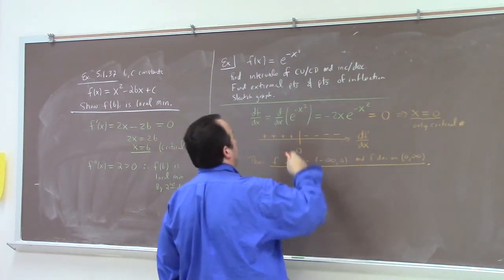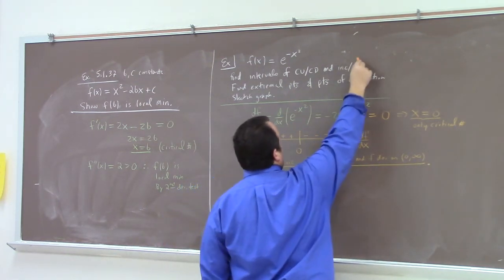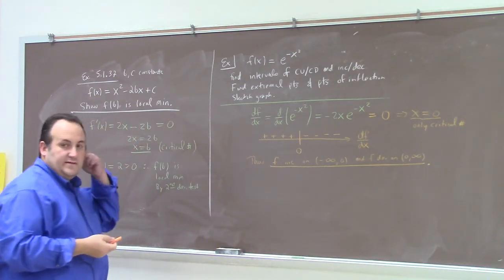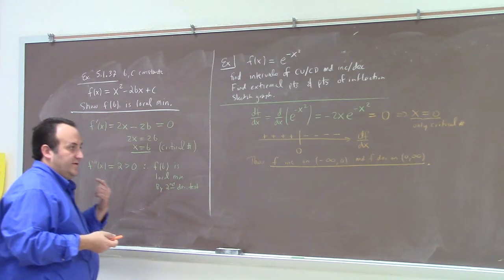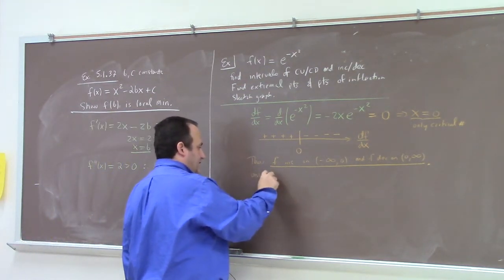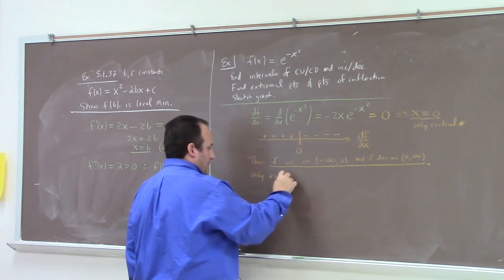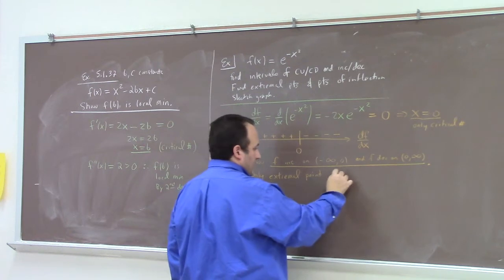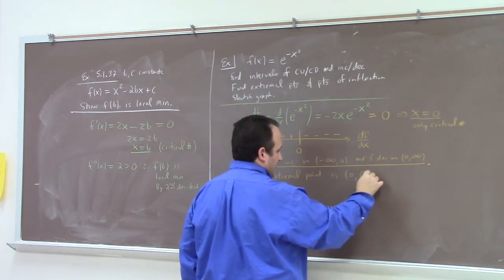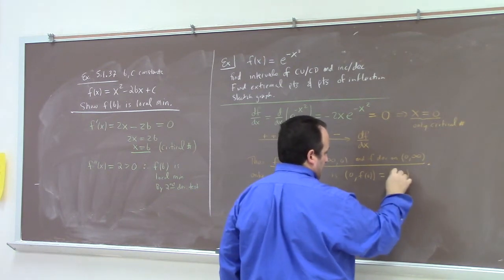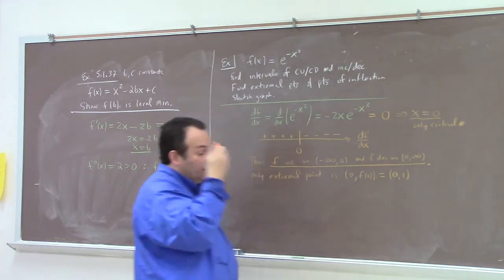So we've answered increase and decrease, right? And also, you can already tell me what the extremal points are. The only extreme point is 0, f of 0, which by the way is equal to 0, 1, because e to 0 is 1.